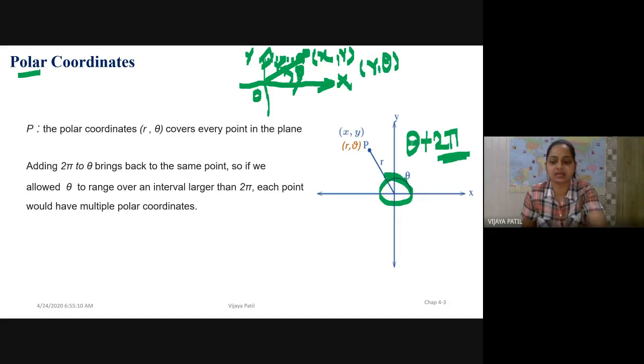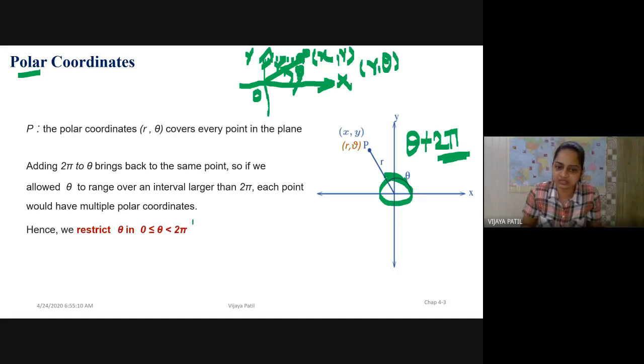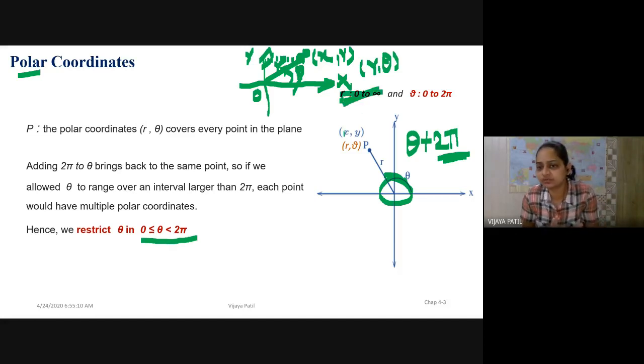So to avoid that, we have decided that we'll restrict theta from 0 to 2 pi, and therefore the limit of r is from 0 to infinity. How come it's 0 to infinity? See, this point P is any point on the surface. That surface could be of any radius, or that position might be anywhere in this space.